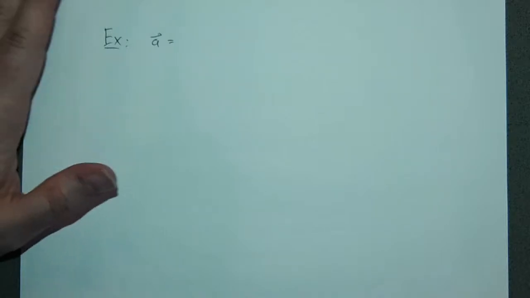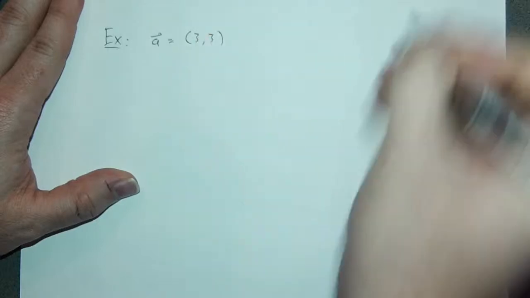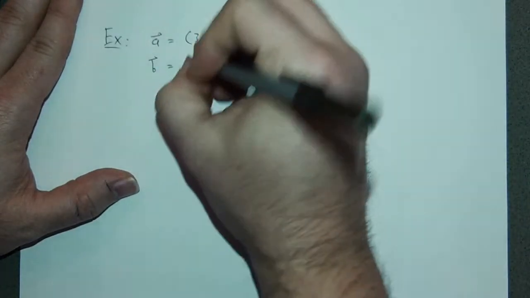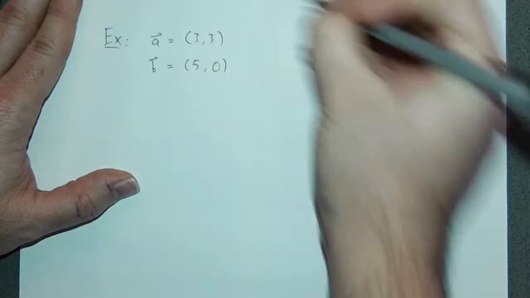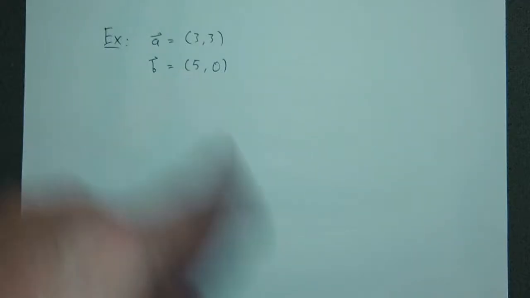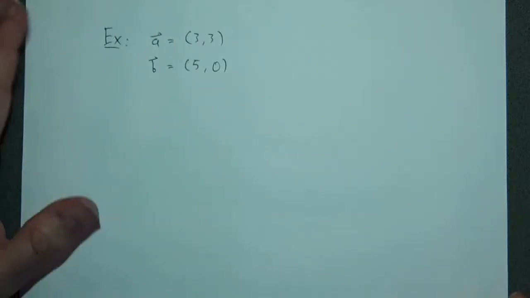Let the vector A be (3, 3), and the vector B be, say, (5, 0). You could spoil the fun if you just drew this, and I'll do that in a second. If you think for a second, you already know the angle between these two vectors really quickly, but let's watch and see how this works.